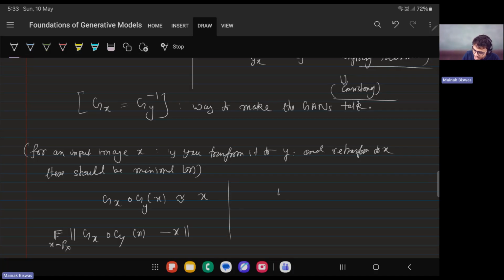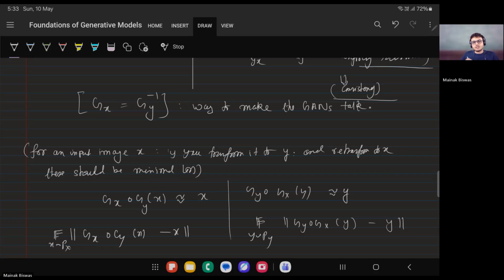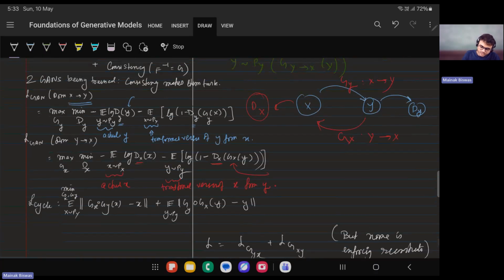And the other loss would be the expected value, y from py, of gy of gx of y minus y. And these two are called the consistency loss, and that's what I've written over here. So gx is equal to gy inverse, and GANs can talk.